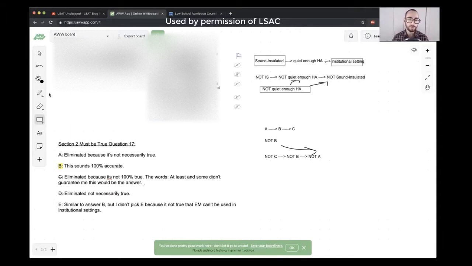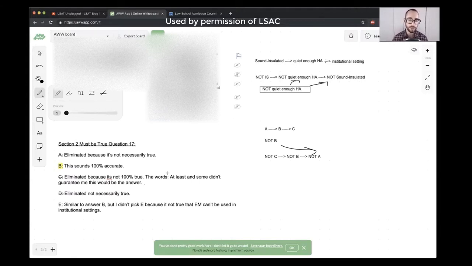So yes, it's not necessarily true, but not necessarily true because it is the reversal of what we have inferred from the chain. And so maybe it is, maybe it isn't, we have no idea. But I think that this could be a tempting wrong answer because it relates both of those variables to each other simply in the wrong order.